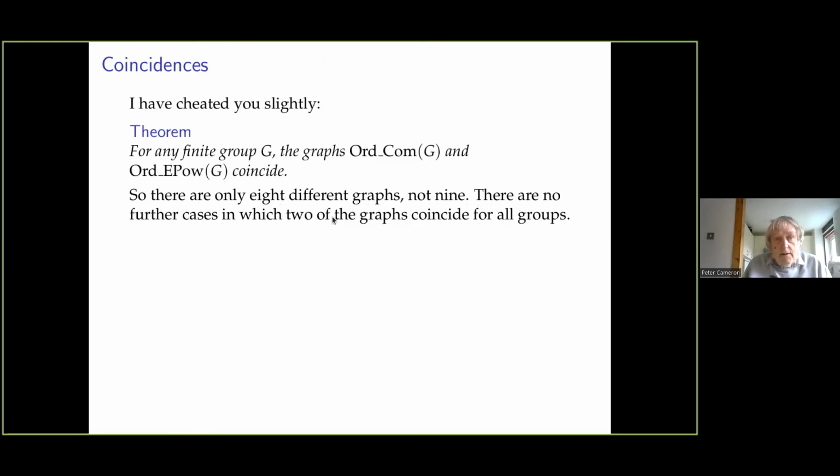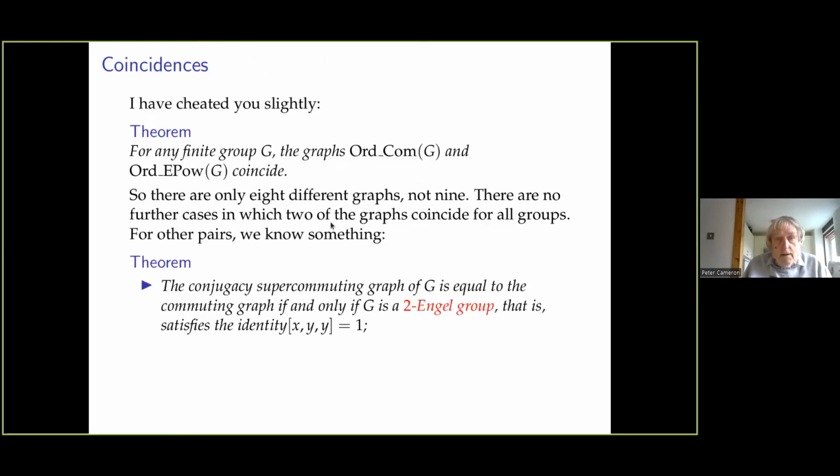Here is a theorem. When is the conjugacy supercommuting graph equal to the commuting graph? In other words, adding on this condition that you join the whole conjugacy classes when they contain elements that commute doesn't change the graph. That happens if and only if G is a 2-Engel group.